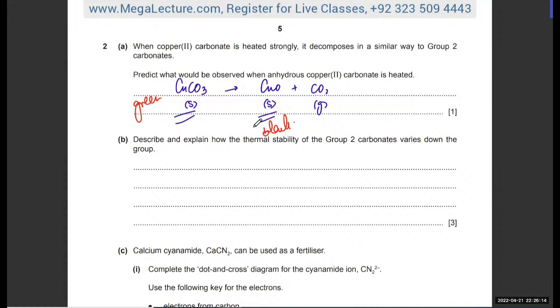Describe and explain how the thermal stability of the group 2 carbonates varies down the group. They become more stable, right? And what's the explanation for this? The size of the ion. So the ionic radius increases, which decreases charge density.